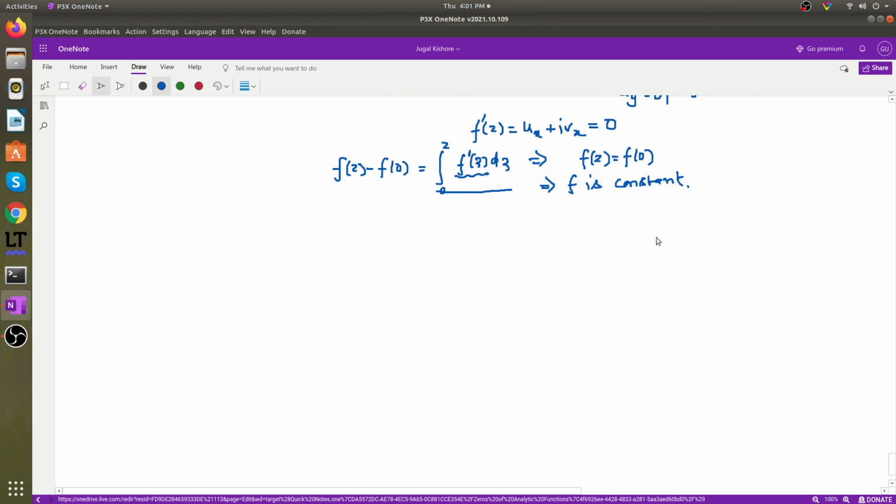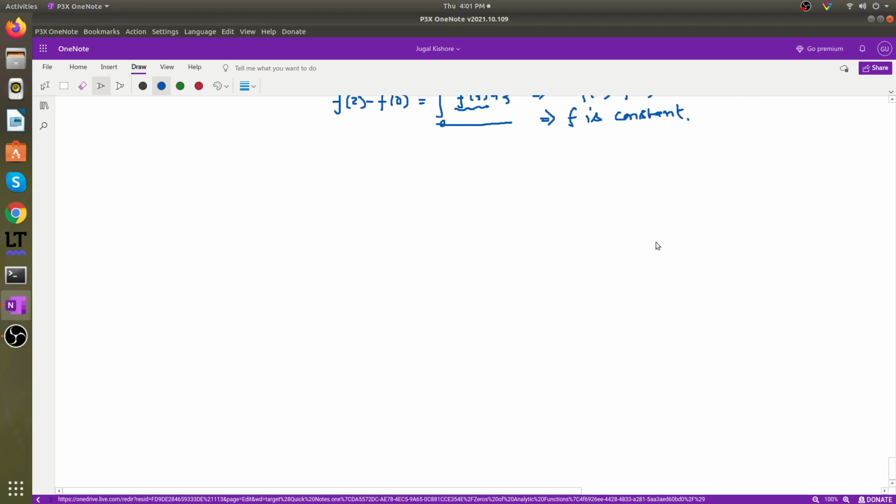Now by using the open mapping theorem, we directly get the conclusion that f should be constant, because in the z plane, this is the given domain D, and we are given that f is analytic in domain D. So by the open mapping theorem, if f is non-constant, then f of D should be a domain, because here D is a domain. But we are given that mod of f is equal to C.